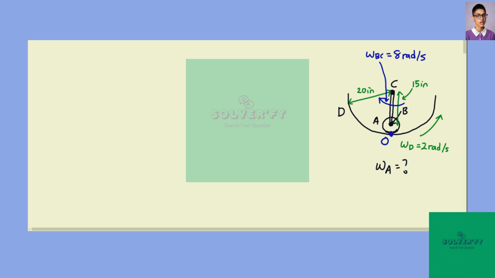So the tangential speed of the rim of gear A is equal to that of the outer gear.